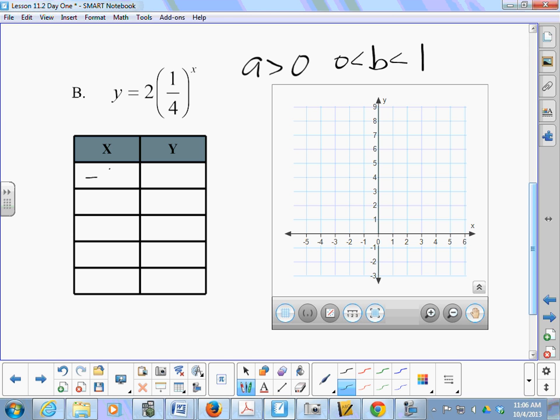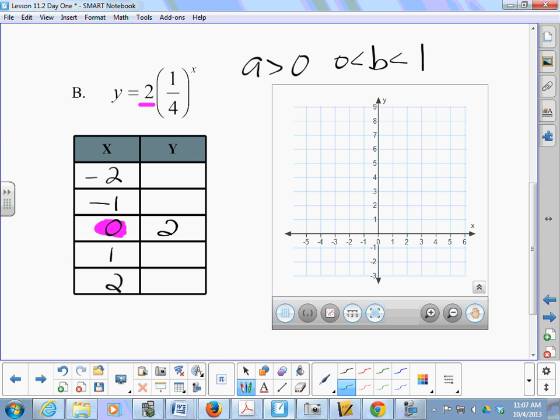So we will use all of our fun numbers again. Now, if you haven't figured it out yet, here's a little hint for you. This number right here, that's our value for a. That always goes here.